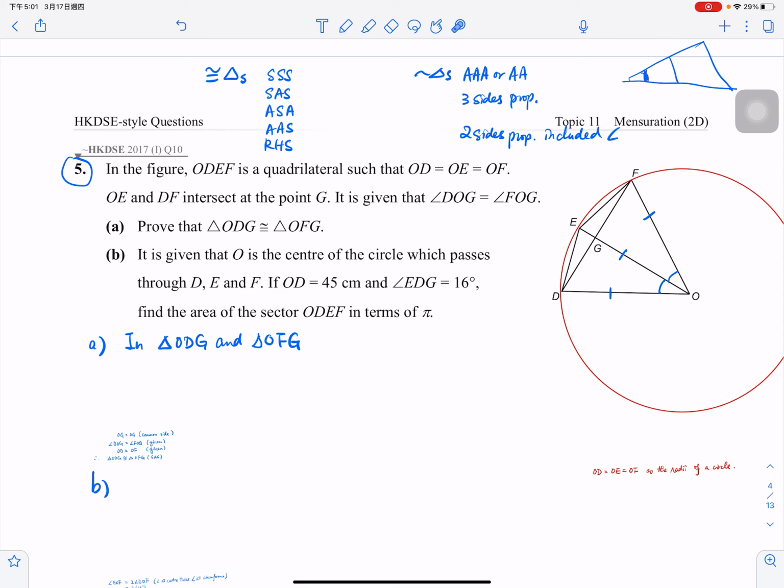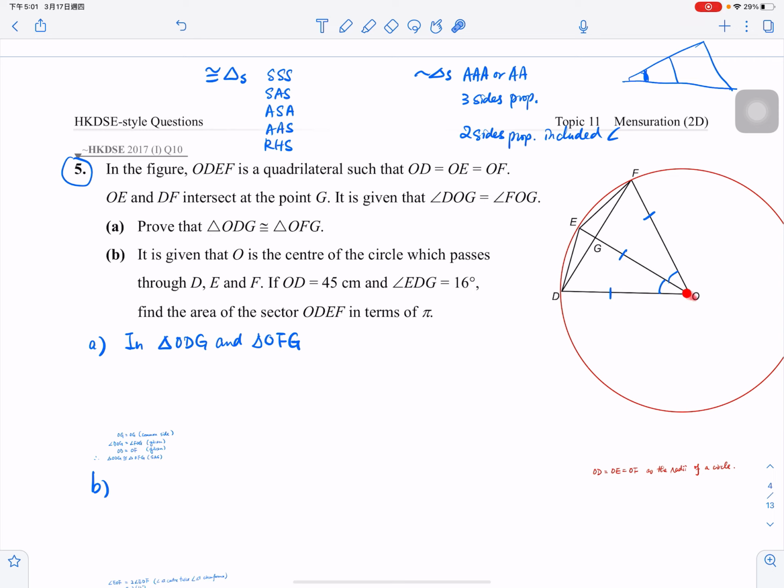Let's mark it, because ODEF is a quadrilateral such that OD, OE, OF are equal. These 3 lengths are equal. Then OE and DF intersect at G. Given that angles ODG and FOG are equal. Prove this one.